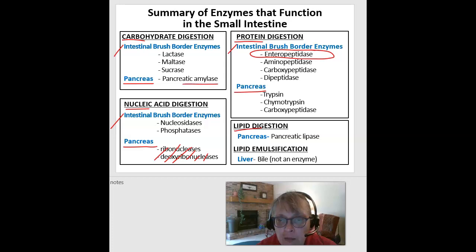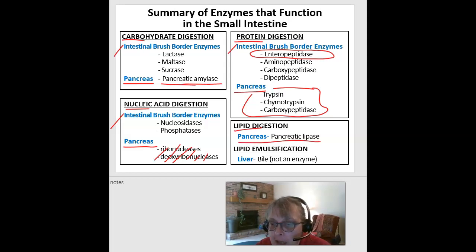Finally, for lipid digestion, we do have pancreatic lipase. So the pancreatic juice will break down all four major categories. Bile will help emulsify the lipids so that pancreatic lipase can work. I hope you find that kind of summary helpful.